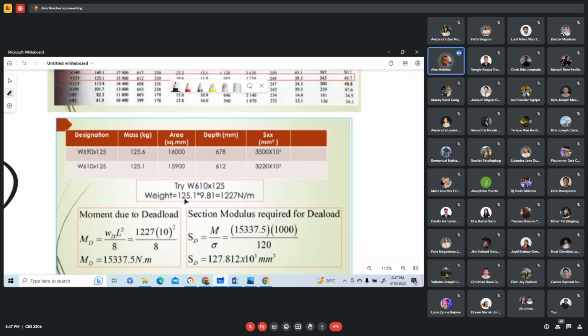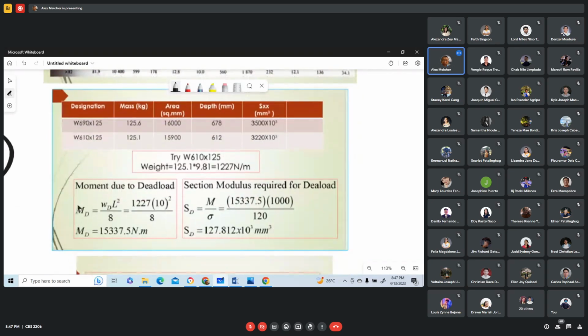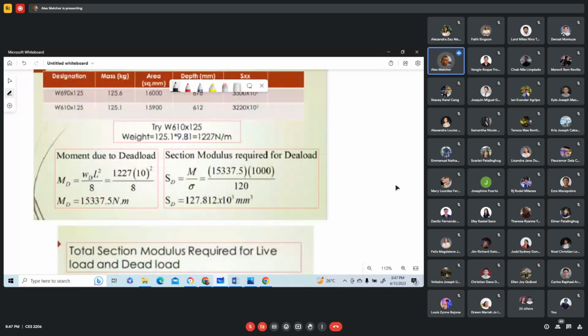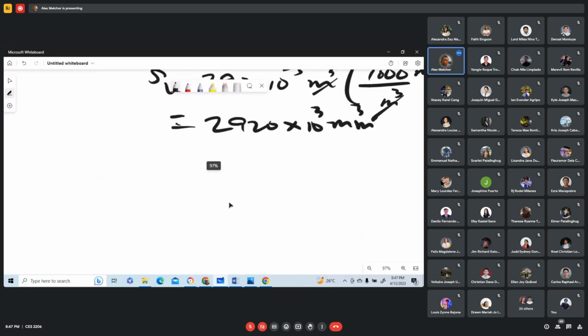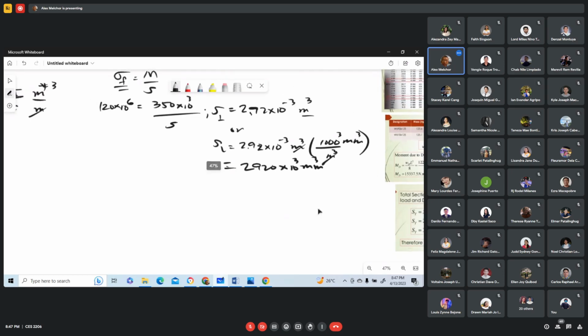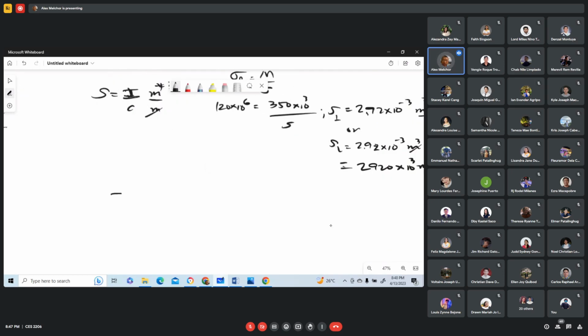So we solve for the moment due to the dead load. The moment due to the dead load is, if you solve for that moment due to the dead load, okay, we have here, if we have this beam, we have this reaction here, and we have this intensity of the load.